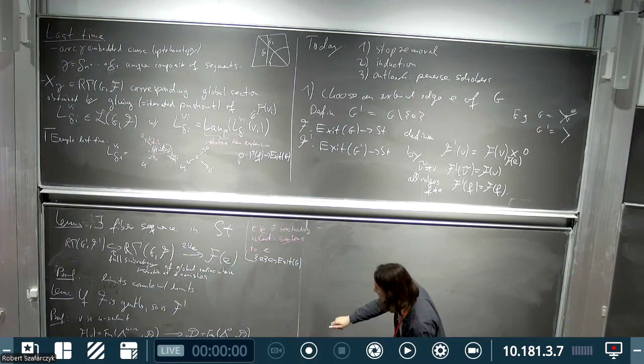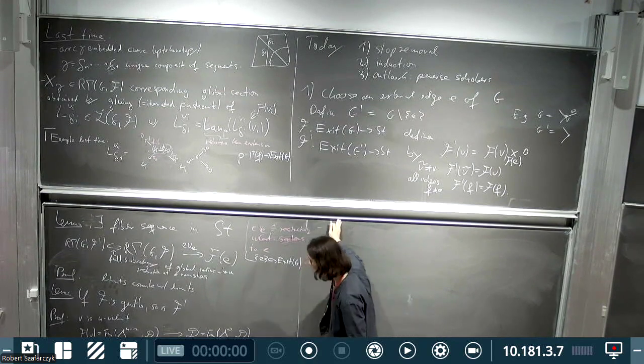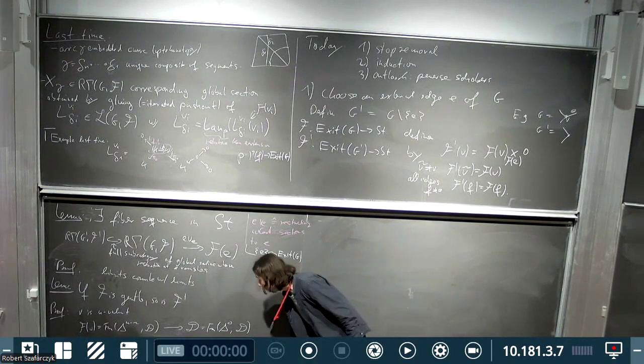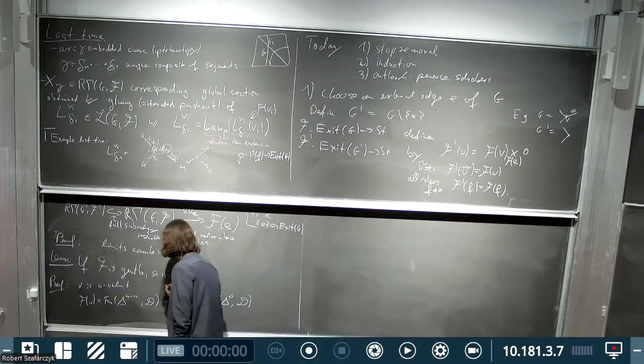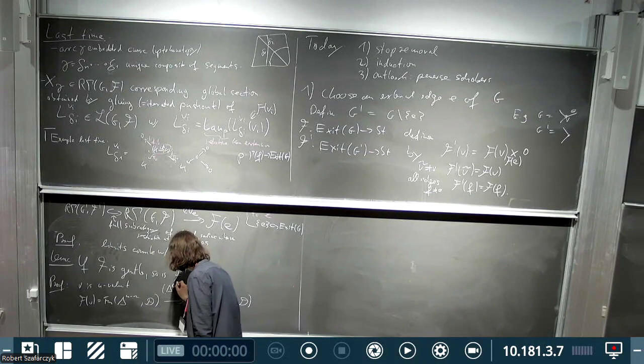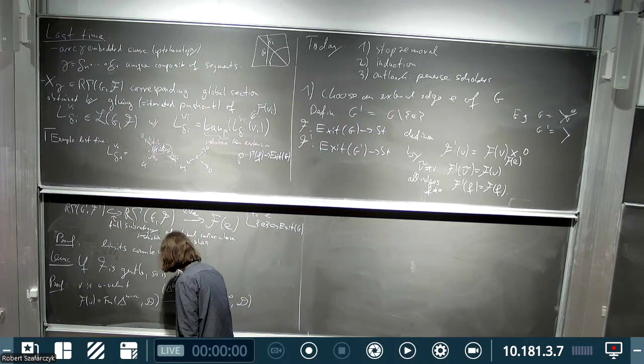So say this map, the restriction map from the vertex to the edge, can be chosen to be pulled back along the inclusion of Δ^0 into Δ^{n-2}, given by the inclusion of the vertex n-2.